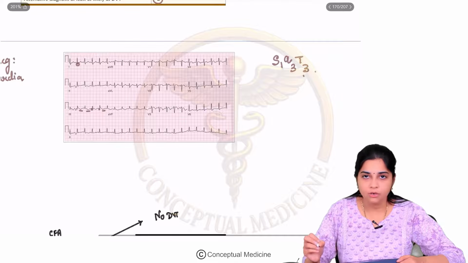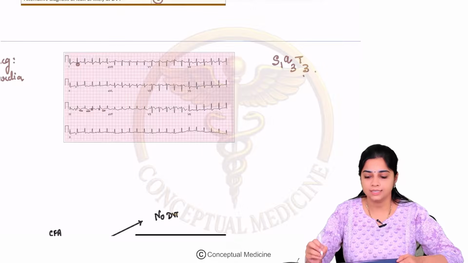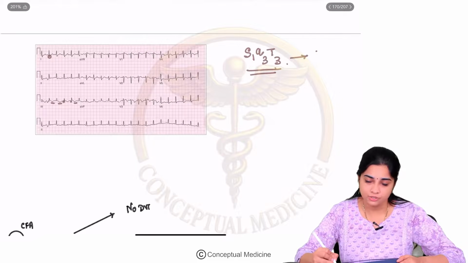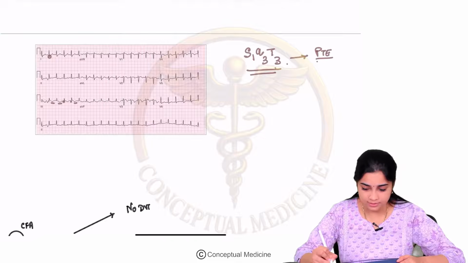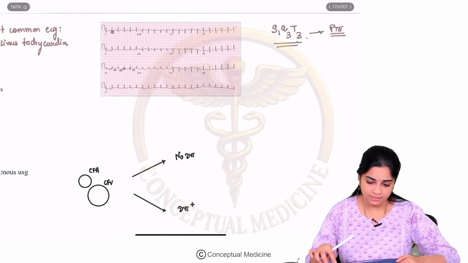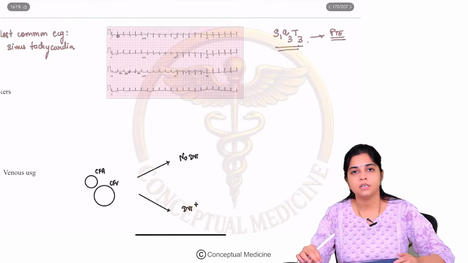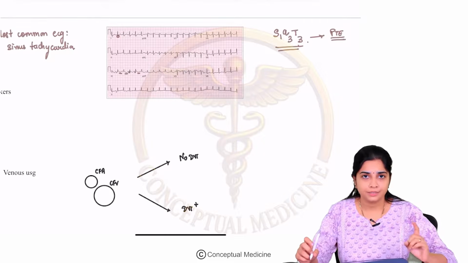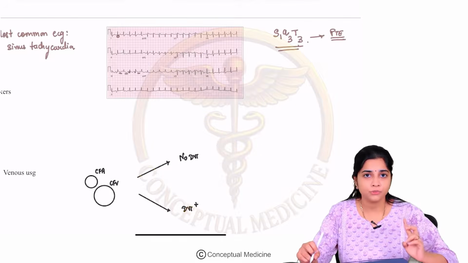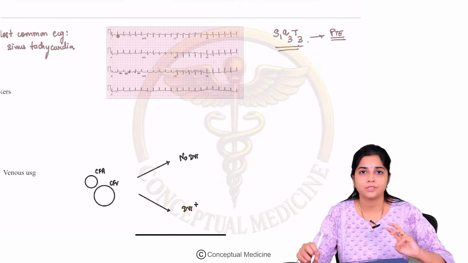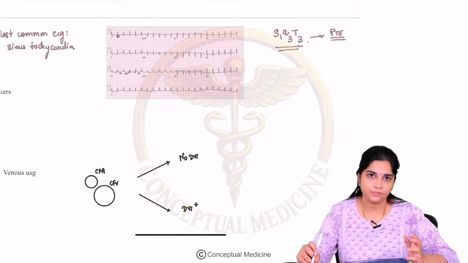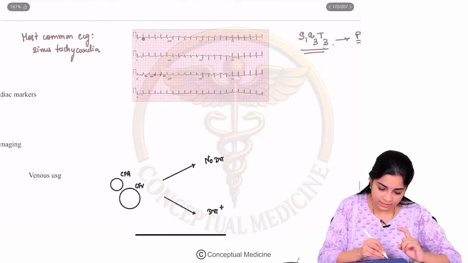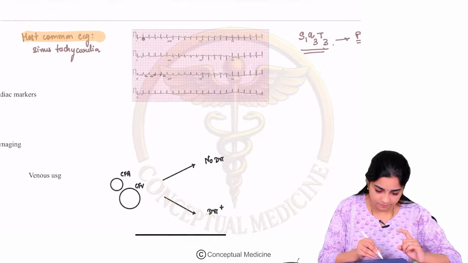This is what we call the S1Q3T3 pattern on the ECG, and if it is present, it is highly suggestive of a pulmonary thromboembolism, but it is not always present in all patients, and hence if it is present, it is more likely in favor of a PTE. So always remember, deep S waves in lead 1, presence of Q waves in lead 3 and T wave inversions in lead 3 is more likely suggestive of a pulmonary thromboembolism. But the most common ECG finding is sinus tachycardia.